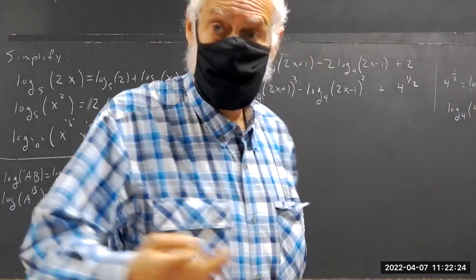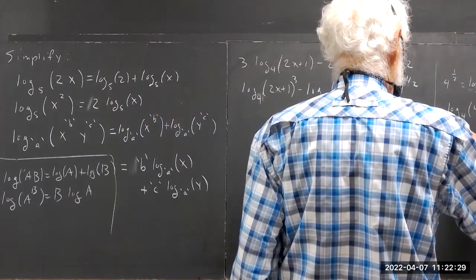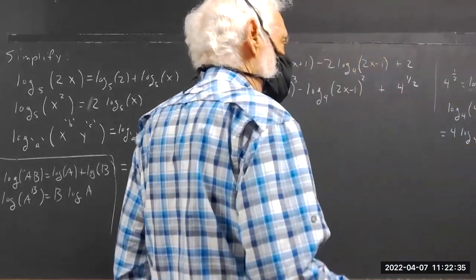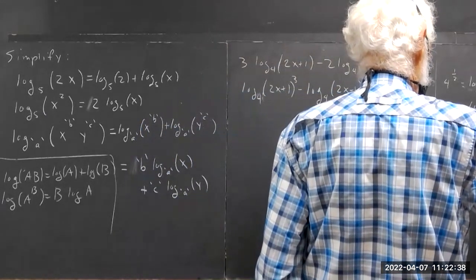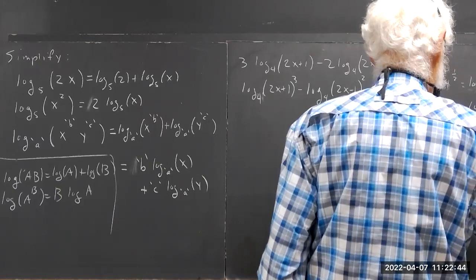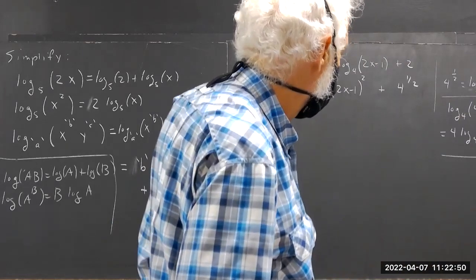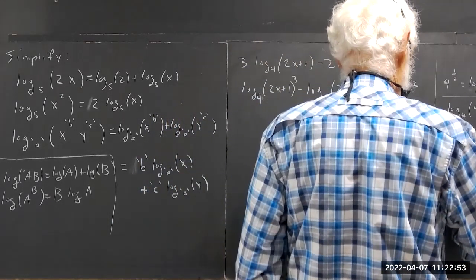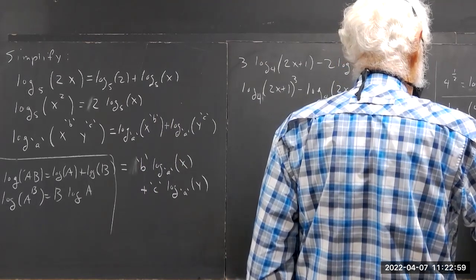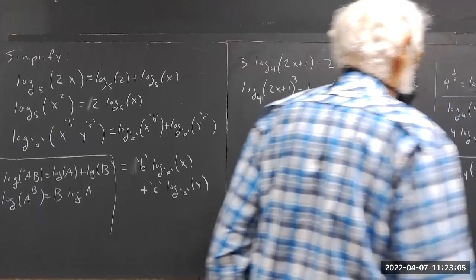Log base 4 of 4 raised to the 4th power is just 4 log base 4 of 4, which is 4 times 1, 4. Okay, well, that's how we get 4. So log base 4 of what power of 4 could equal 2?